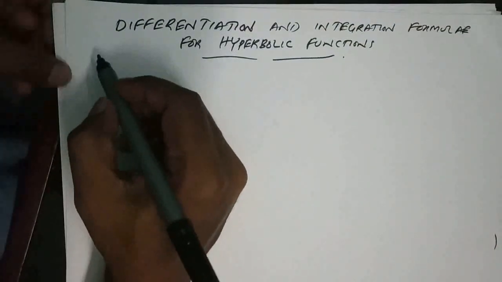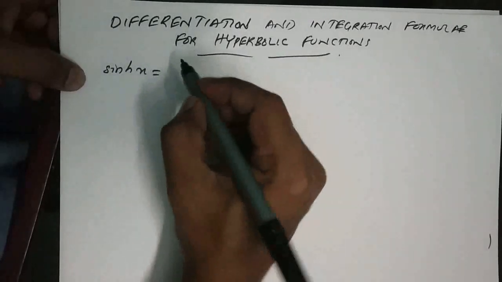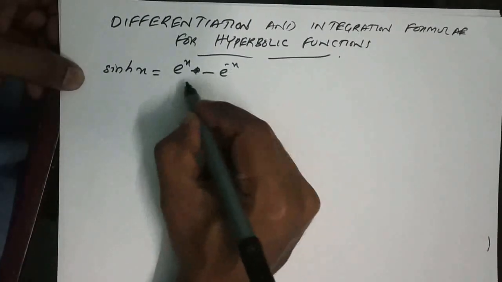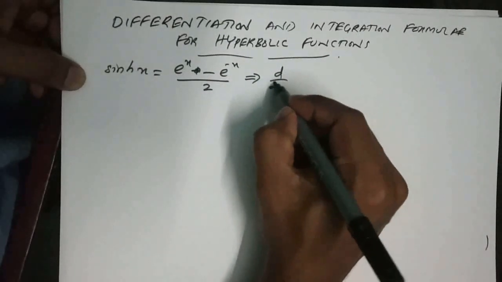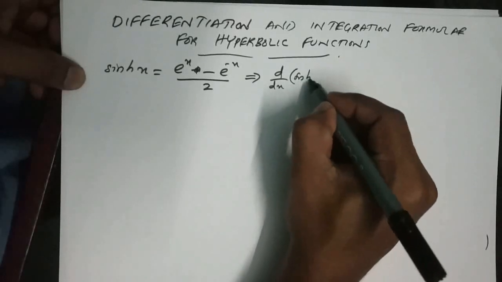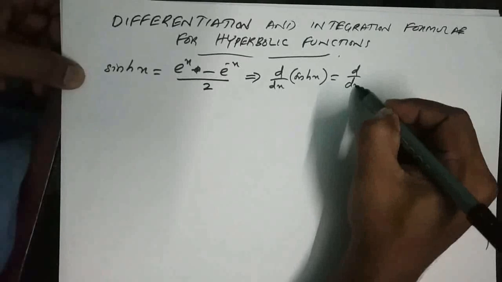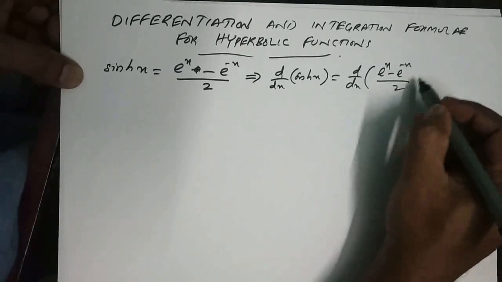First of all, we know that sinh of x is equal to e to the power x minus e power minus x divided by 2. From this we get d by dx of sinh x is equal to d by dx of e to the power x minus e power minus x divided by 2.